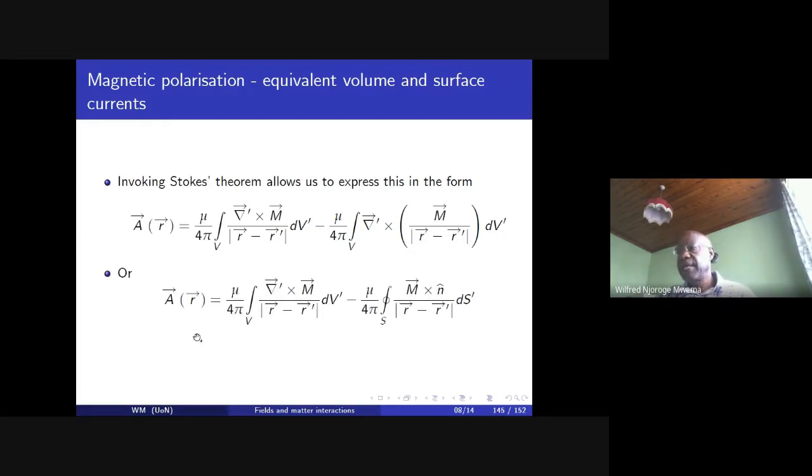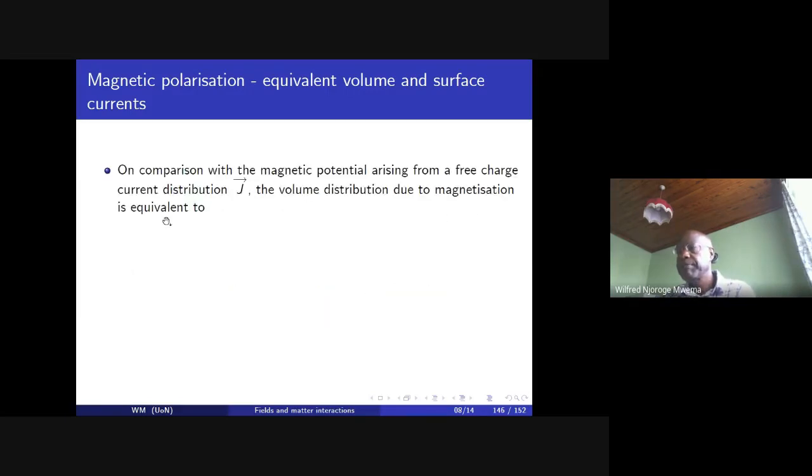In other words, we have a value of that nature, where we have used Stokes' theorem to convert this equation into that equation, which is a surface. Okay, this term is changed into a surface integral over whatever the surface surrounding or containing the dipole moments.